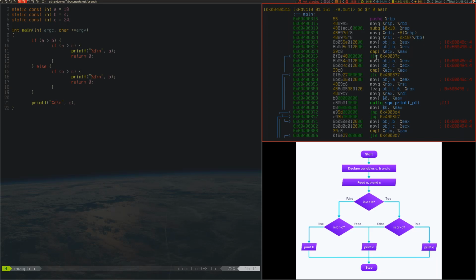Basically it checks the sign bit and it checks the zero bit in the EFLAGS register. And if either one of those is set, then we can guarantee that the operand was less than or equal to, and so this jump will execute. If neither is set, however, the code after it will execute, as assembly is executed in a top-down order.